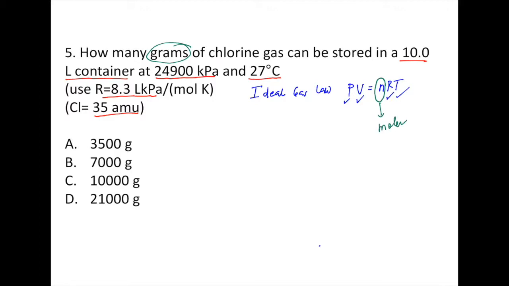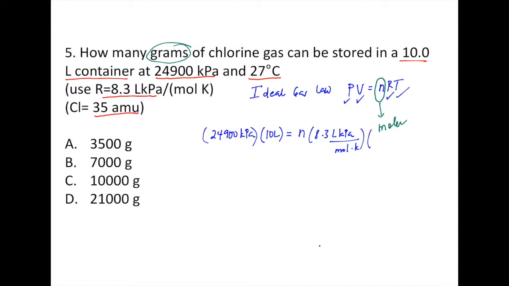Let's do now our solution. The value of P here is 24,900 kilopascals. Next, the value of the volume, we have 10 liters. And the value of n is unknown. The value R here is 8.3 liter kilopascals over mole Kelvin.